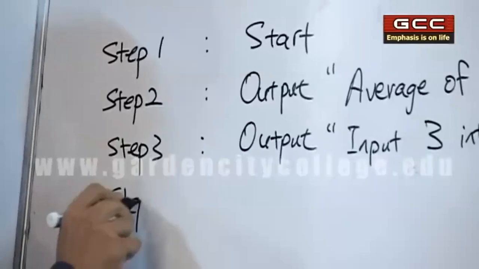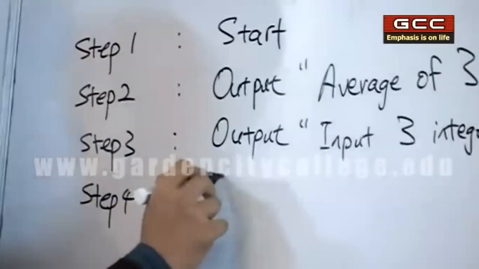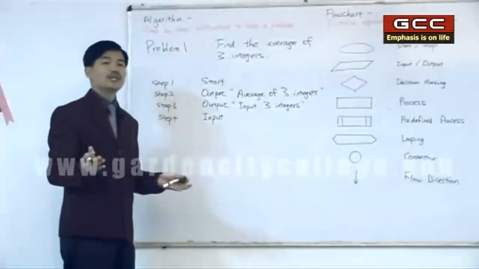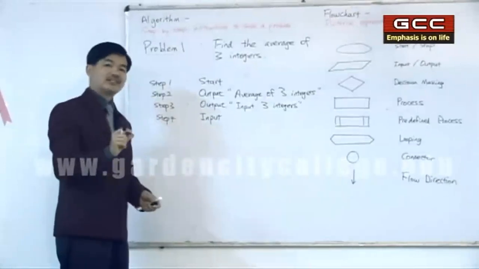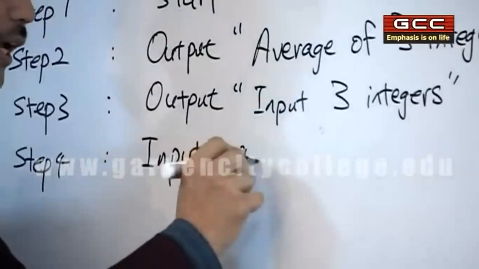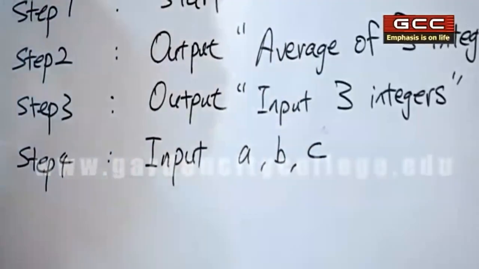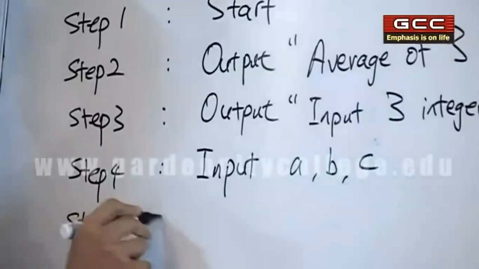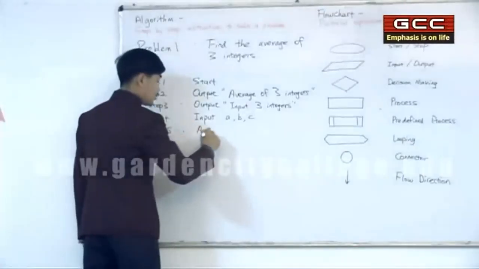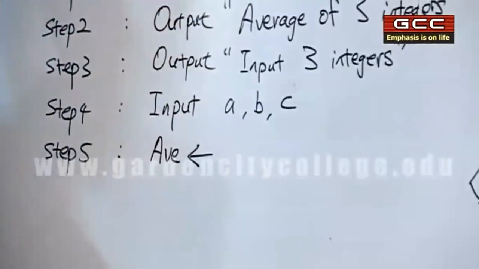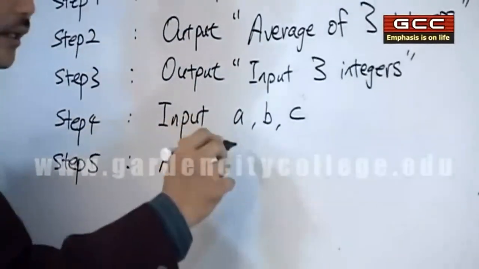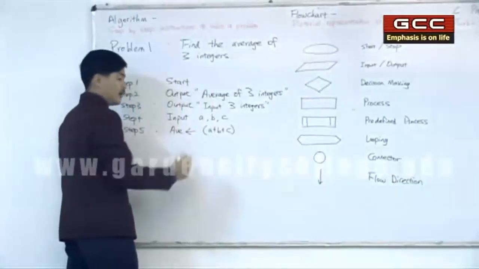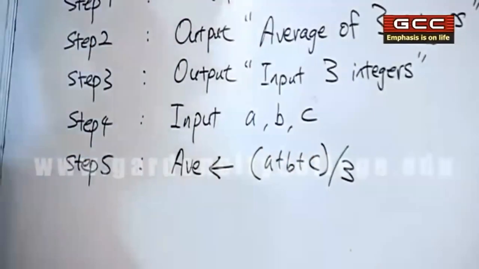After that, we need to give a command so that we can input 3 integers. Assuming we have a variable for each integer, A, B, and then C. Afterwards, in step 5, we calculate the average. The average is the sum of A, B, and C, and the total of it divided by 3.